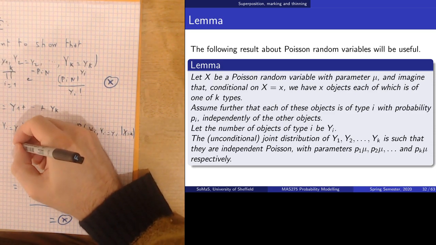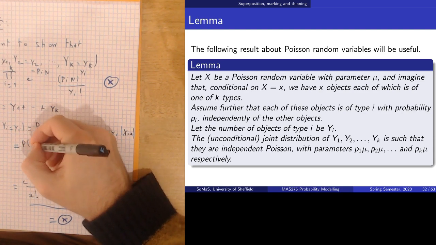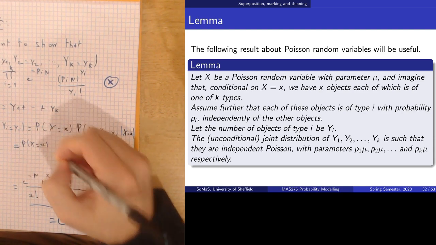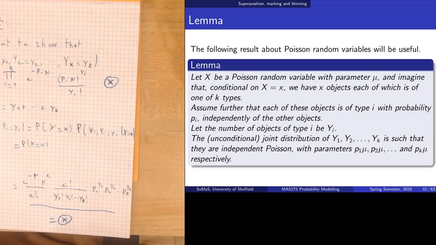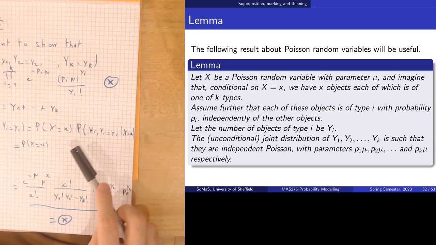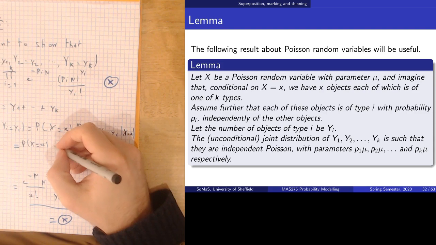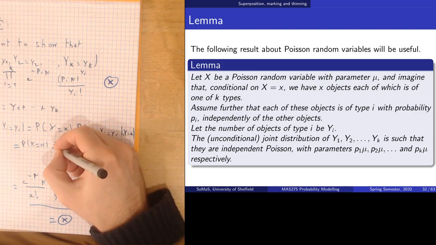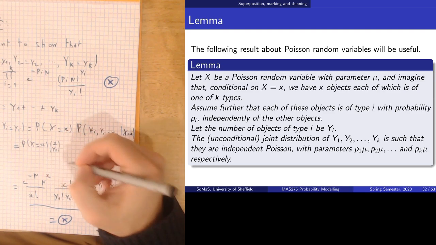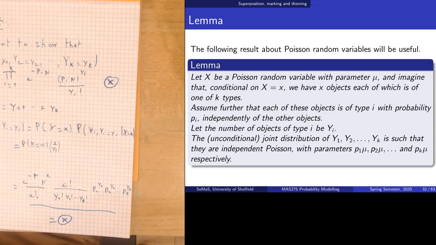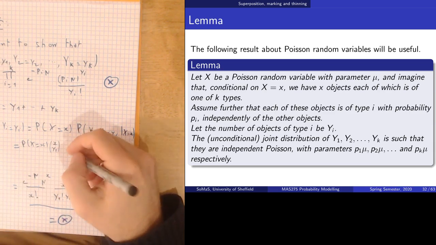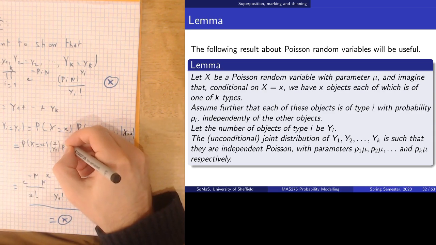So the probability that X equals x doesn't matter here, but we can say, well, first choose the elements of type 1. We're going to get x choose y1 times p1 to the y1.